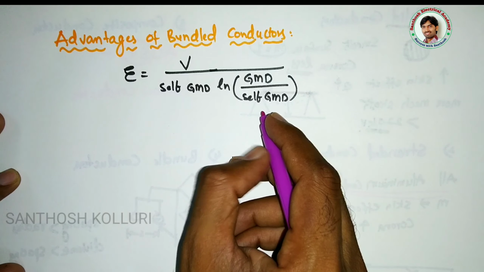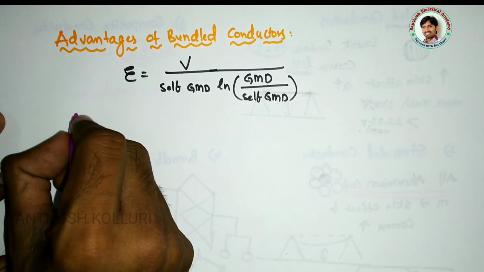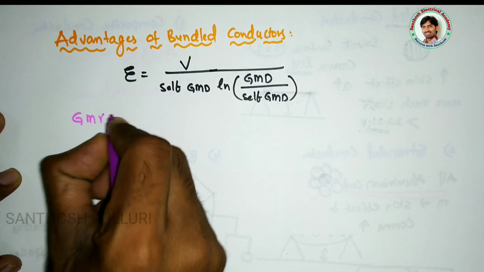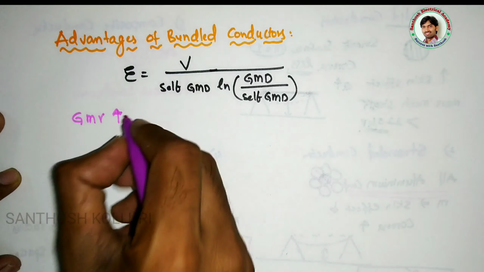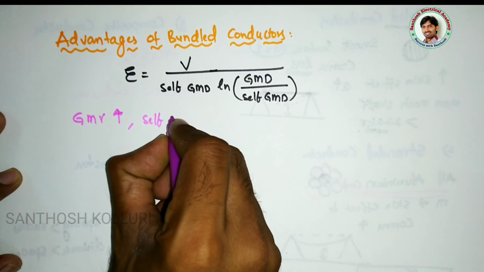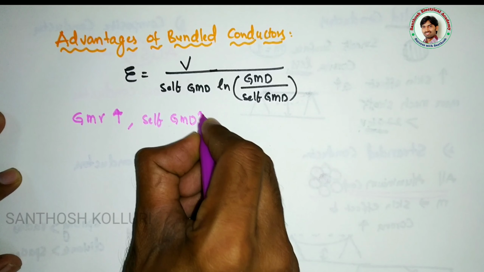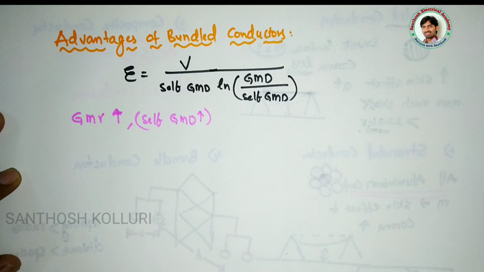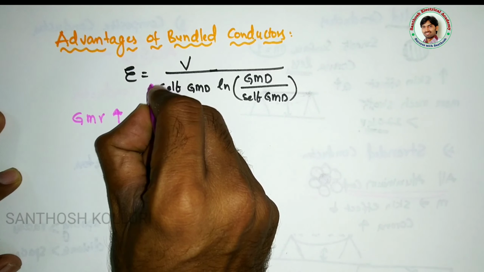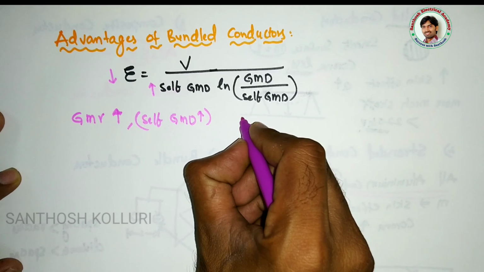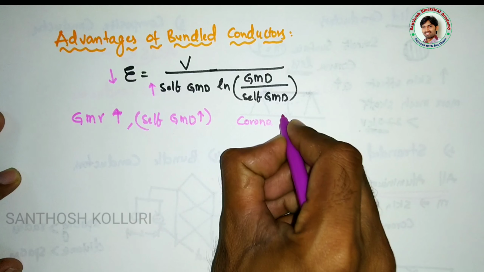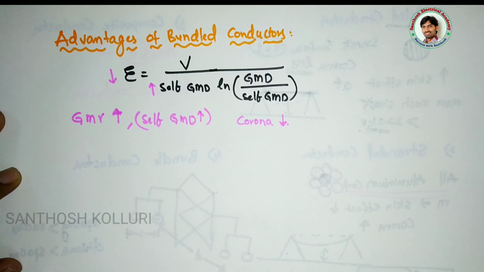Okay, by using bundle conductors, the GMR will be increased, the effective radius will be increased. GMR or self GMD will be increased. When self GMD is increased, the stress on the conductor will be reduced, therefore corona will be reduced.